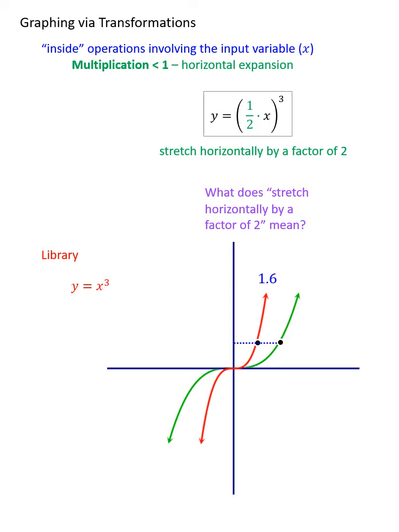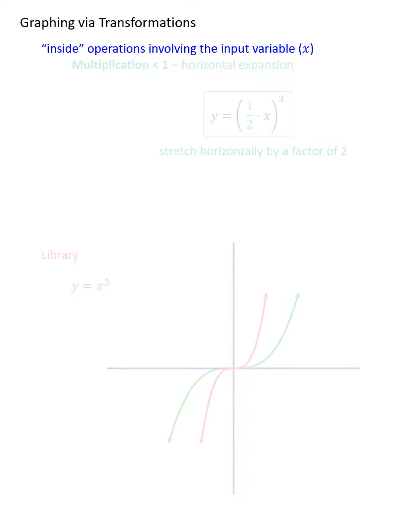In this case, that would mean double of 0.8, in other words, 1.6 spaces away from the y-axis. Similarly, if we pick some random point to the left of the y-axis, say it was 1.5 spaces away from the y-axis, the corresponding point on the transformed graph would be double that distance from the y-axis. Doubling 1.5 would be 3. And that's what's meant by stretching horizontally by a factor of 2.